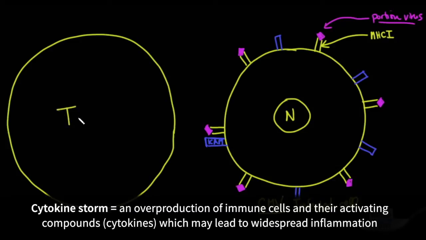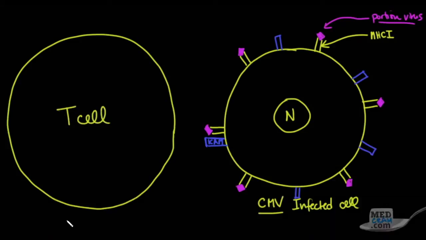Well, there's a couple of proteins on these T cells. So this is a T cell, and it's a cytotoxic T cell. Not toxic to you, but cytotoxic to the cell that's infected. These are actually your friends. So there is a receptor on the T cell that sees that little particle of the virus and understands that this cell needs to be destroyed, and that is called the T cell receptor, or the TCR.